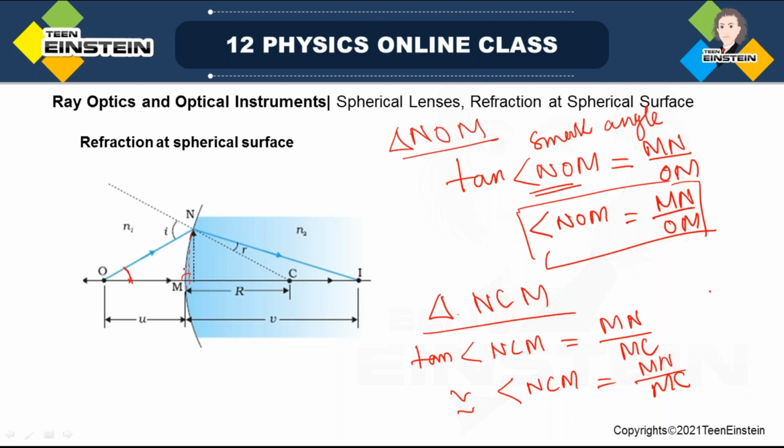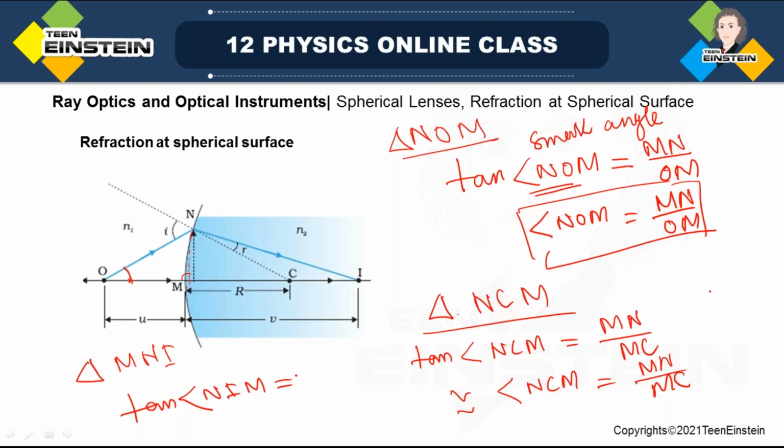We'll take another triangle. See the big triangle MNI. From there we can write the tangent of I, sorry, angle NIM. Since it is geometrical optics or ray optics, we have to use a lot of geometry to find out various formulas.